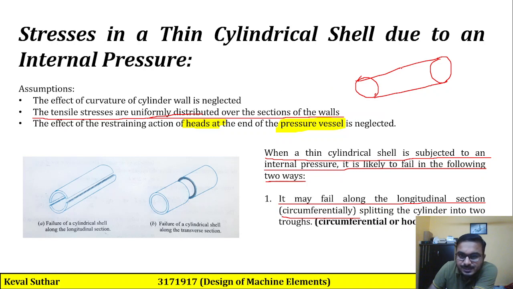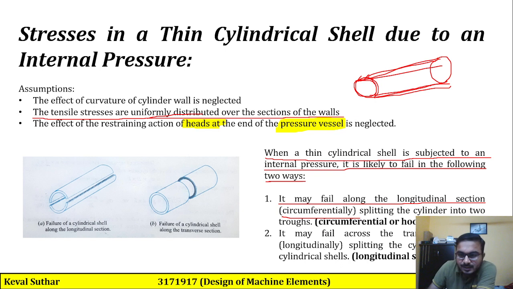This entire portion is called circumference. So it is breaking through the circumference, and it will split the cylinder into two parts. And the next is, it may fail across the transverse section, that is longitudinally, splitting the cylinder into two cylindrical shells, as you can see over here.